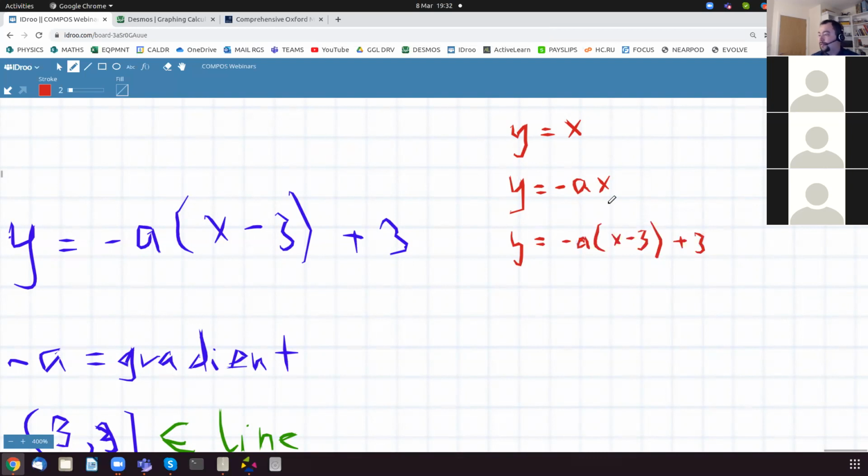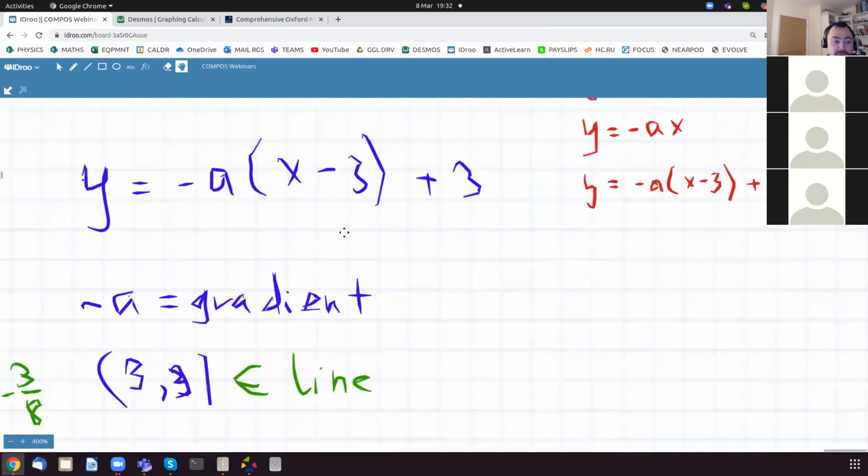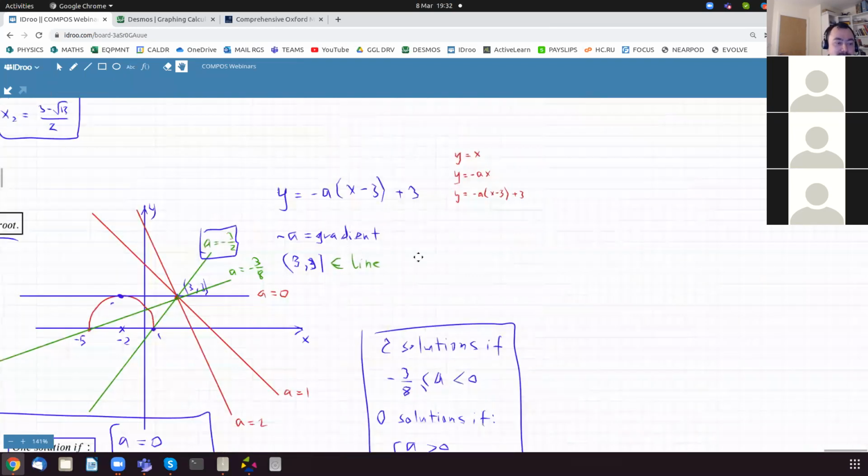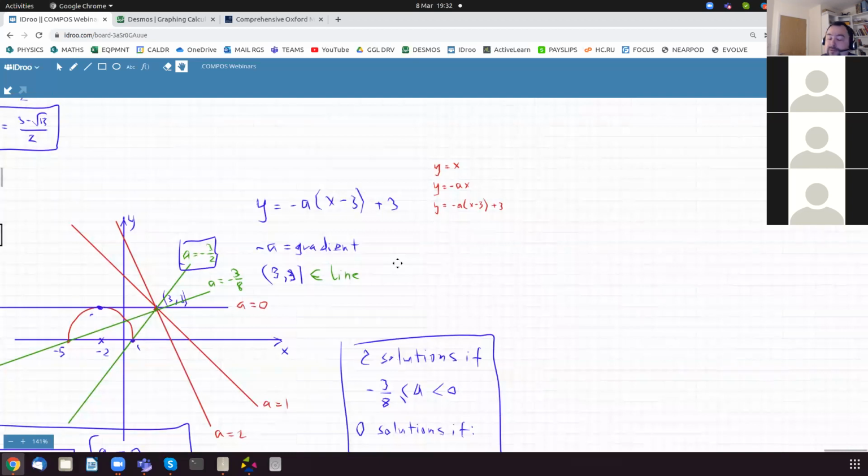Are you familiar with graph transformations? Yes. Right, so if it's a straight line that is shifted by 3 to the right and 3 up, that means it goes through 3, 3. But this is way more difficult to see rather than just draw the line and see that, whatever a is, it goes through that point.